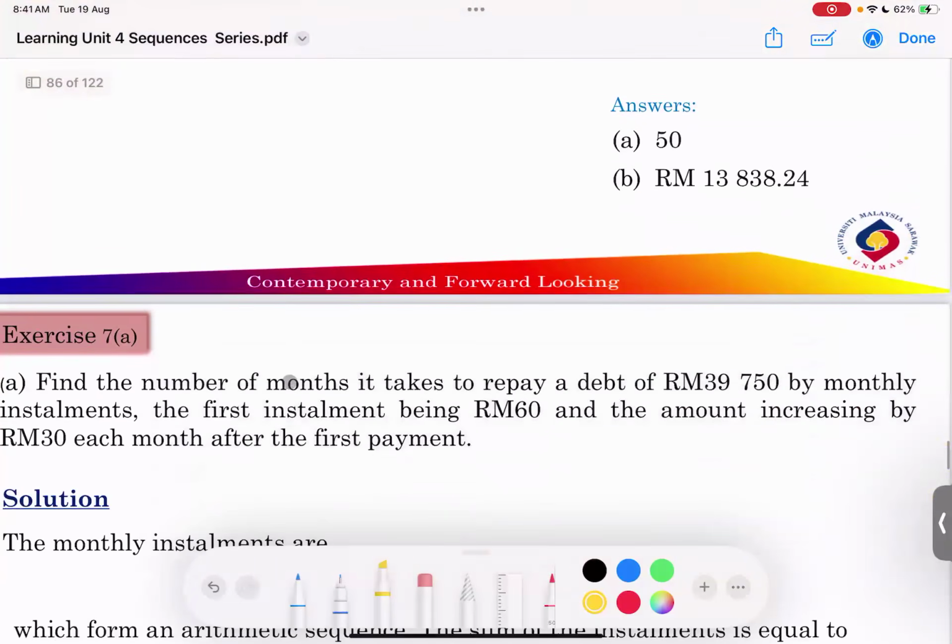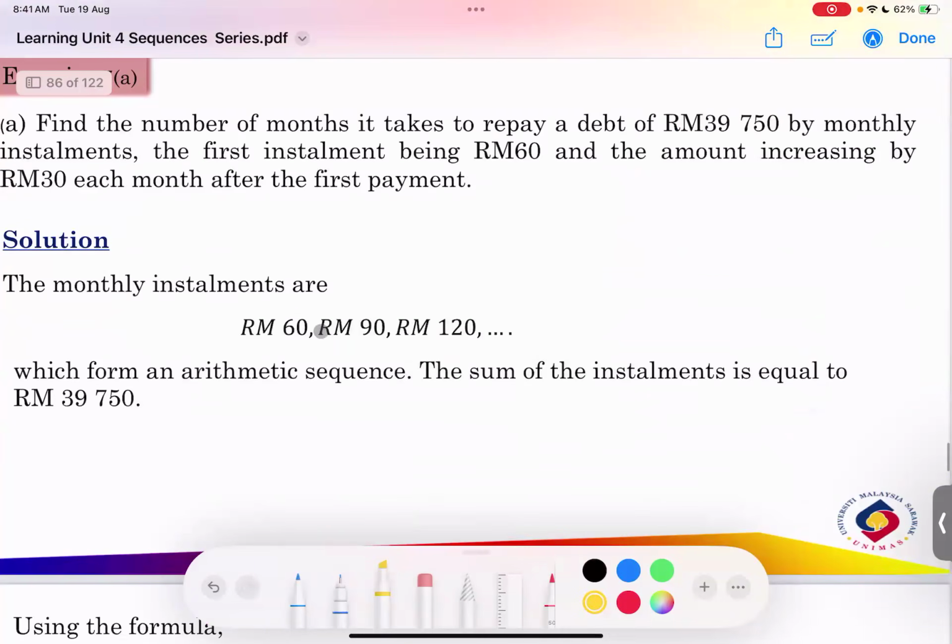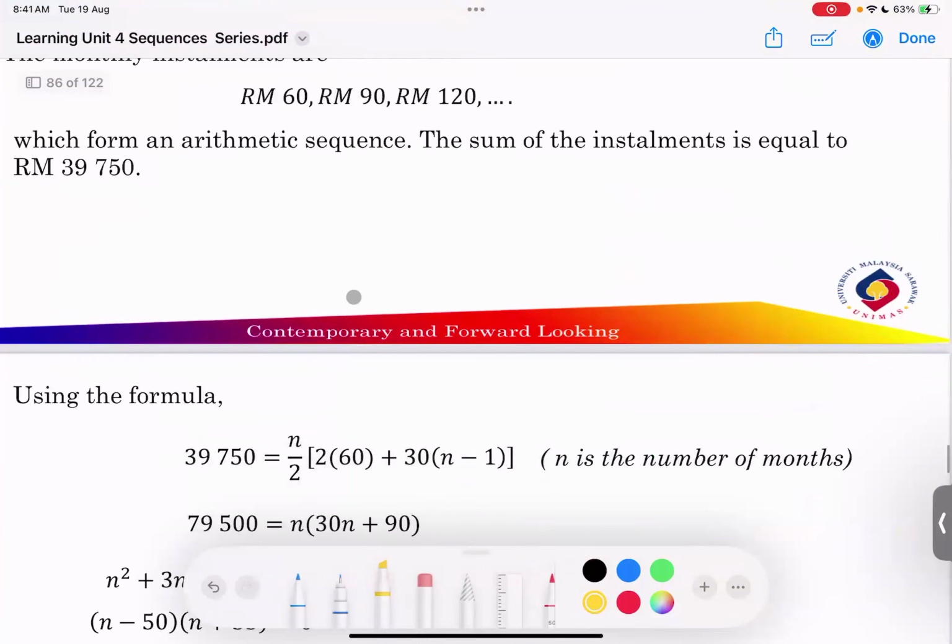By looking into 7A, we can always write out our sequence first: 60, 90, 120. You can see the sequence and you find out the first value A is 60, the R is 30, and then we're not sure what is the number of terms.